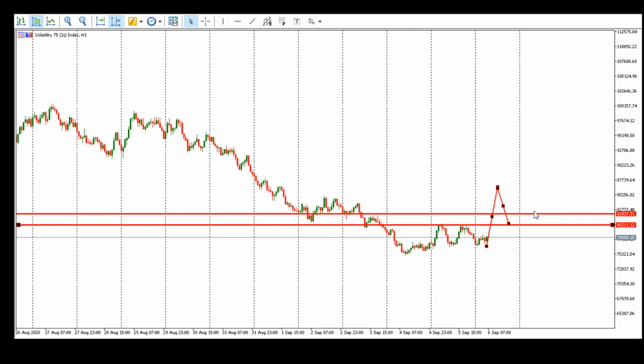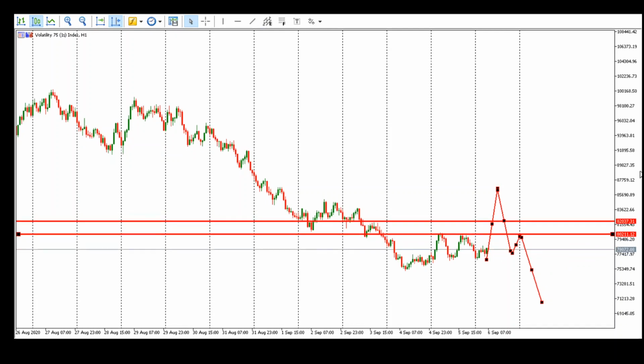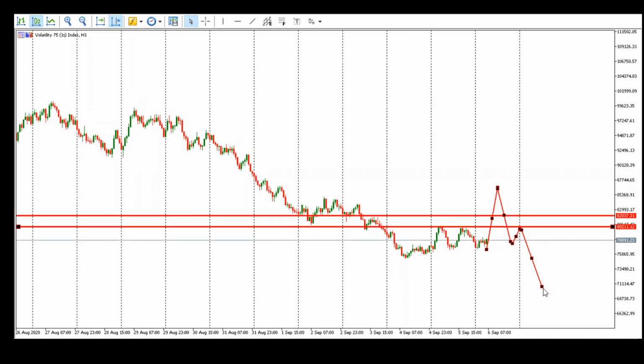But if they break the neck level, stay patient. Once they come to retest it, and once they give you a confirmation candle to sell, then you sell. You know that they printed this reverse head and shoulders pattern, so you know they will continue to push down. So this is what I always do.